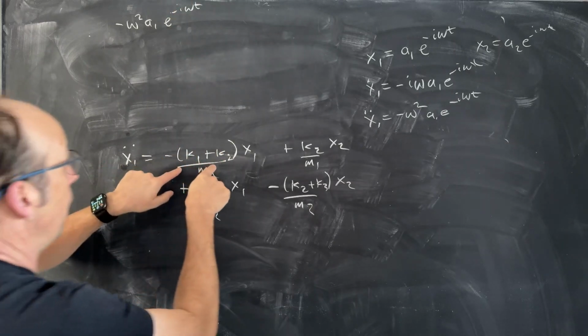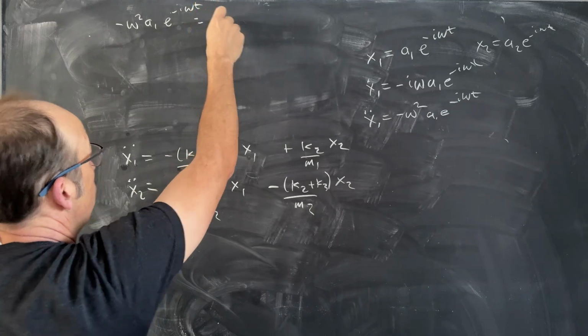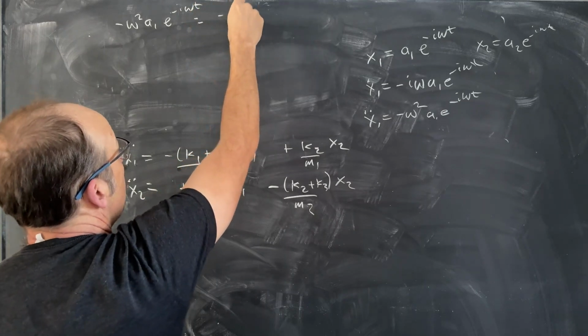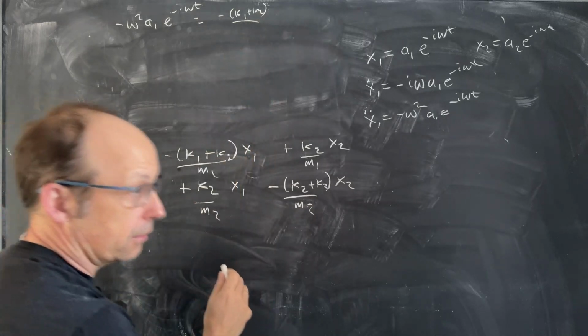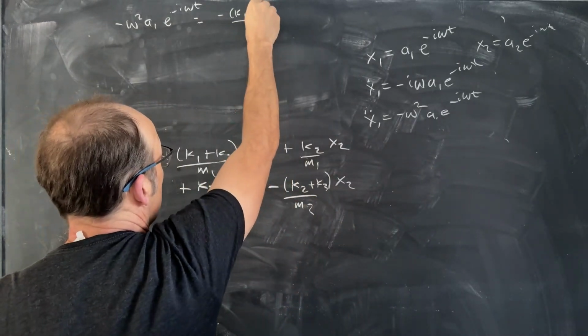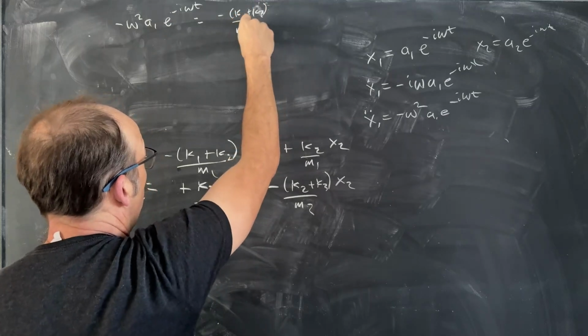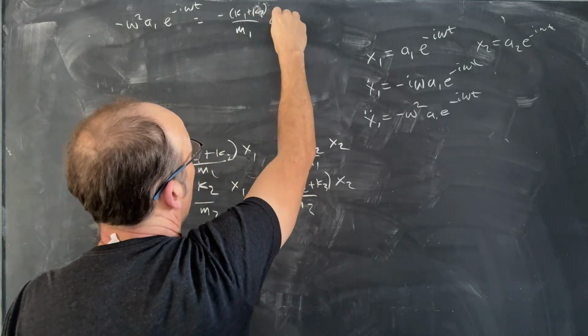Right here, I have an x1 term. So this is going to be equal to negative (k1 plus k2) over m1. Can you see that? Then x1 is going to be a1.